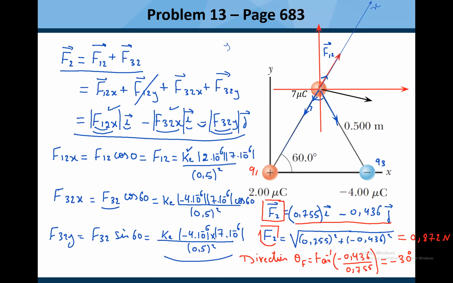So this is minus 30. The force has an angle theta equal to minus 30, and the magnitude is equal to 0.872 newton. Thank you.